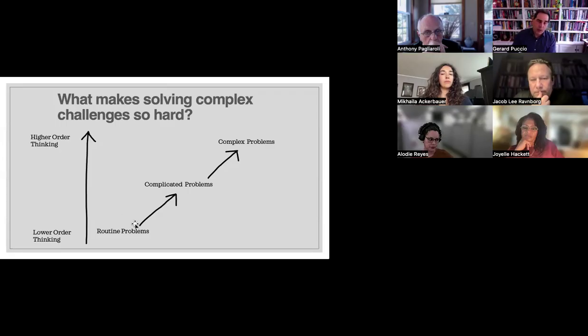As we move up in terms of the degree of challenge with respect to problems that we're solving, we move from routine problems to complicated problems. Complicated problems require a greater level of thinking because the solutions are not known.